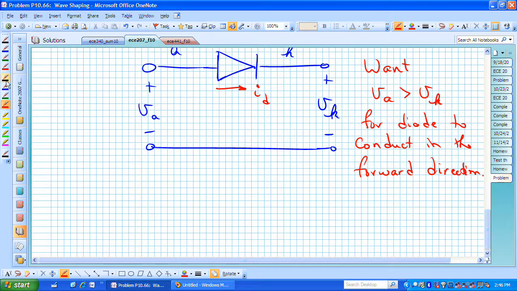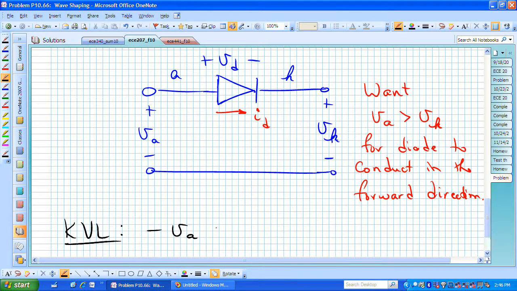And we can verify that by simply applying KVL to this configuration. We have minus V sub A plus V sub D plus V sub K equaling 0.